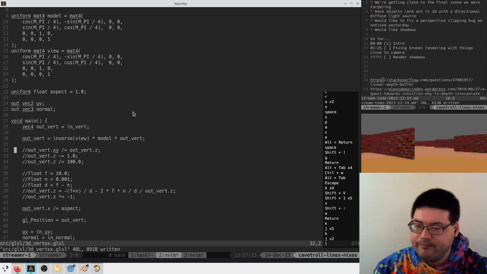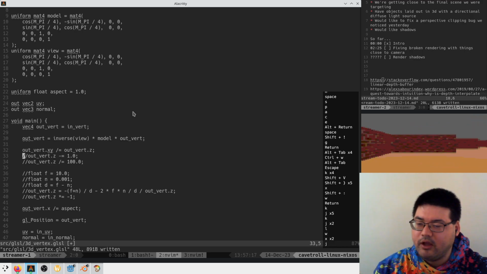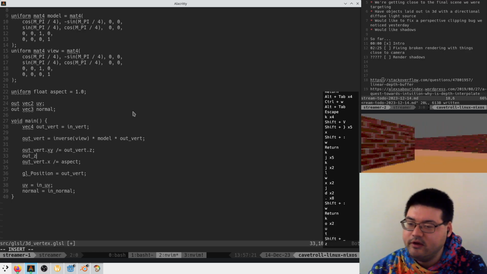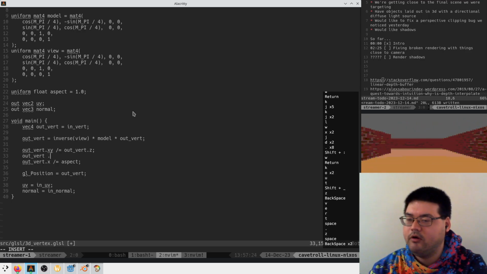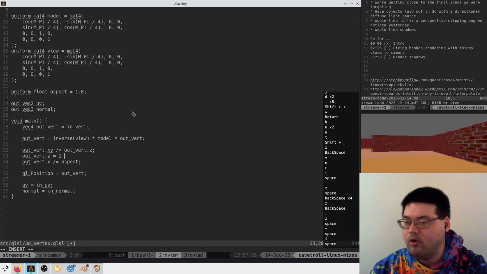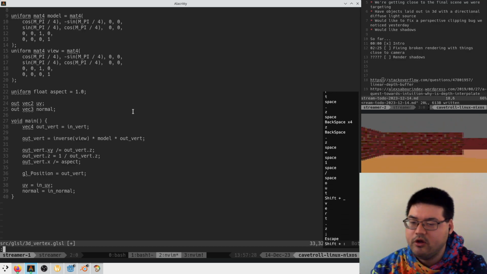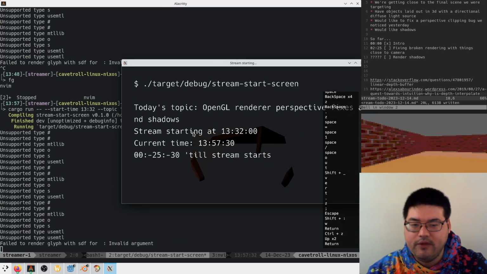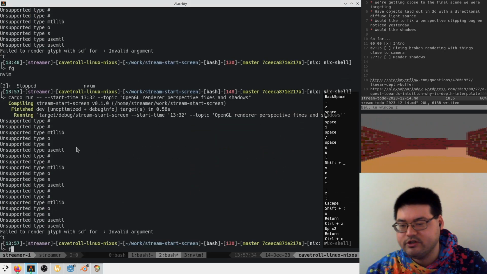All of that to say, if I just apply our perspective the way we were before, and then adjust z by basically saying 1 over outvert.z, those artifacts that we see essentially should go away. And they have to some extent, except we've got to adjust our clipping.